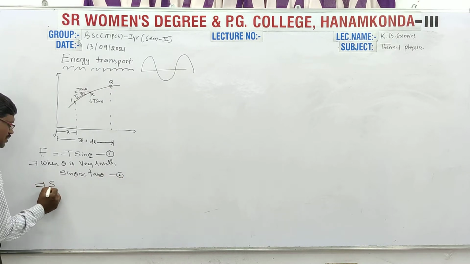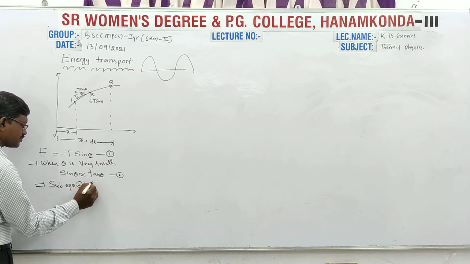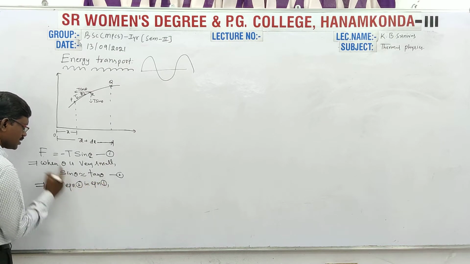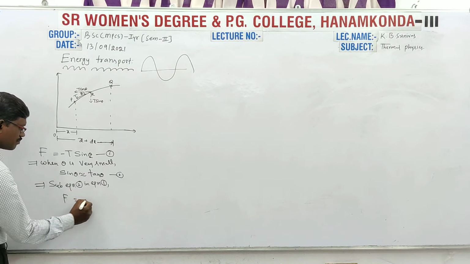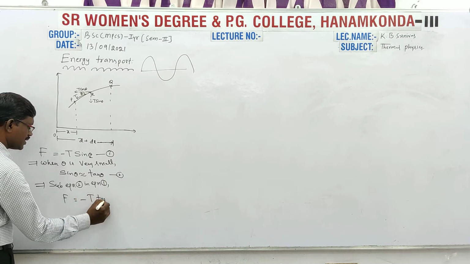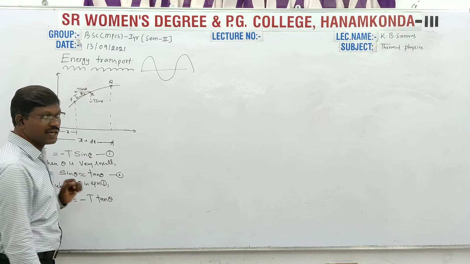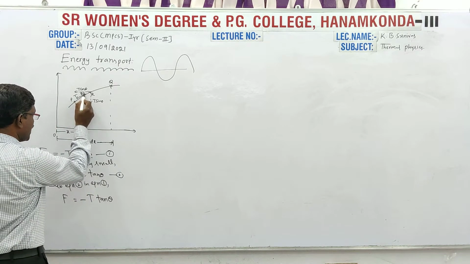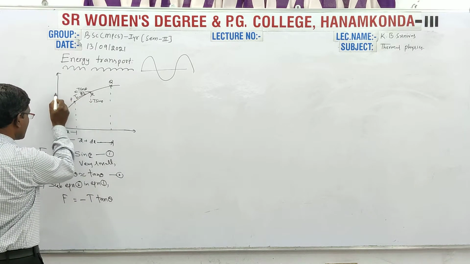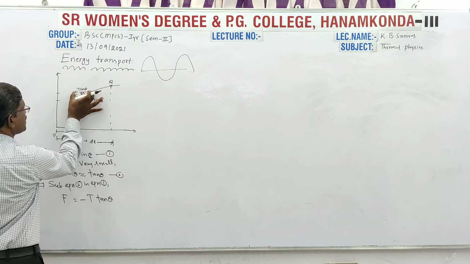Here I am substituting equation 2 in equation 1. That is, the net force acting on the string at point R is equal to minus T tan theta. See the diagram carefully. What is tan theta? What is the opposite of theta? This part. What is the adjacent side of this theta? This part.